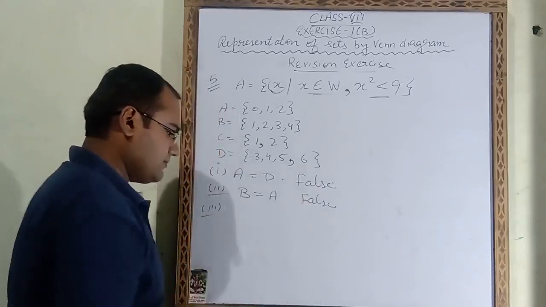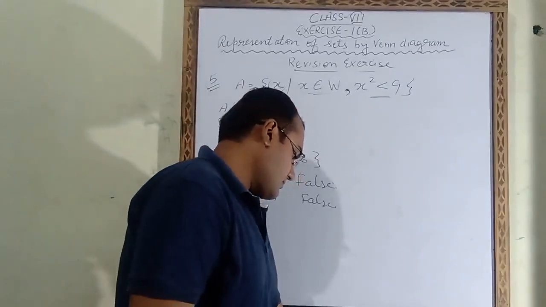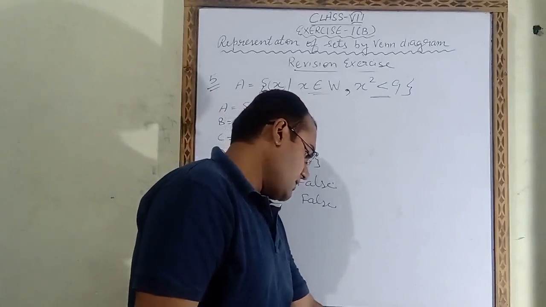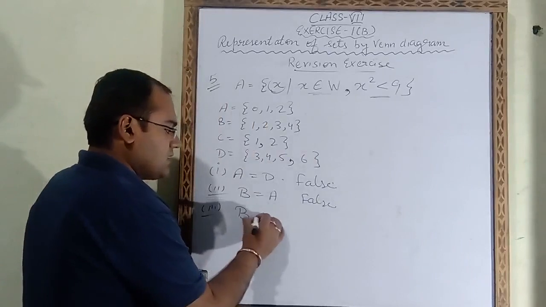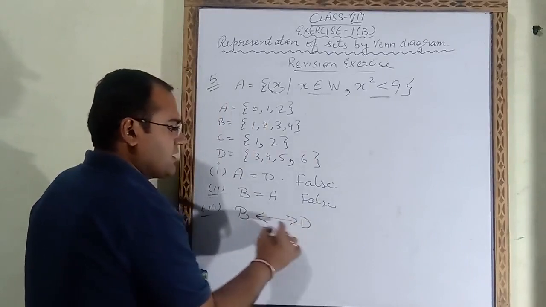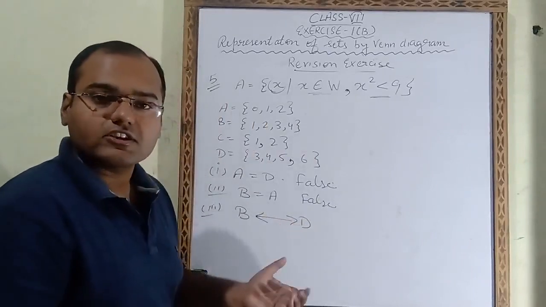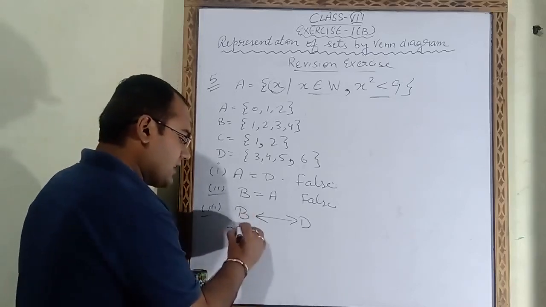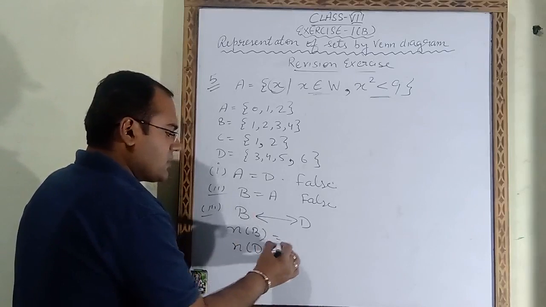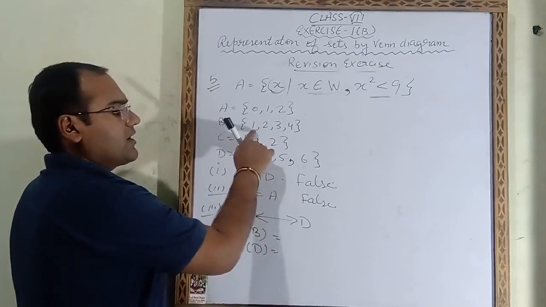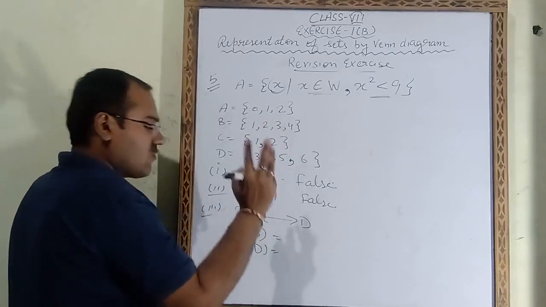Third part. B equivalent D. This sign is of equivalent. For this, what you have to find? You have to find the cardinal number of B and after that the cardinal number of D. Cardinal number of B. How many elements are there? 1, 2, 3 and 4. 4 elements are there.